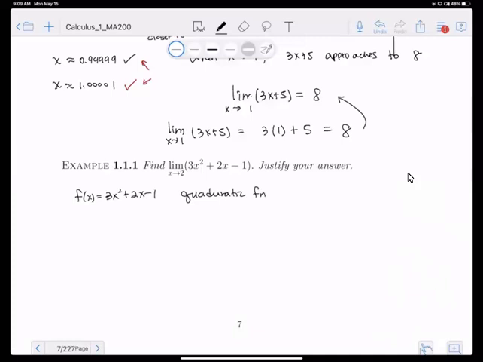So the limit as x approaches 2 of 3x squared plus 2x minus 1, we just substitute x equals 2: 3 times 2 squared plus 2 times 2 minus 1. We combine this together. It's 12 plus 4 minus 1, which is 15. So the limit is 15.